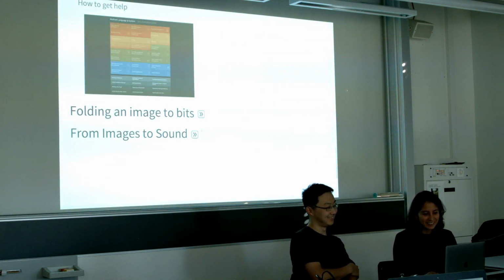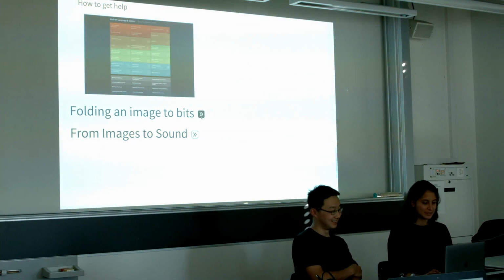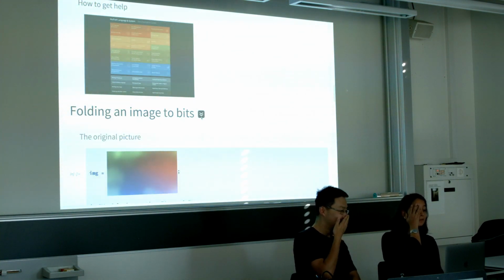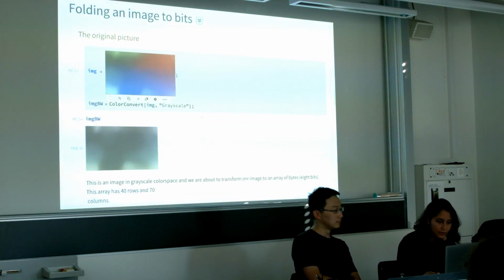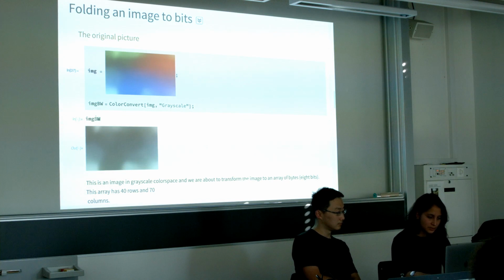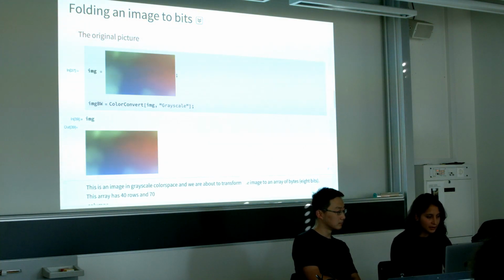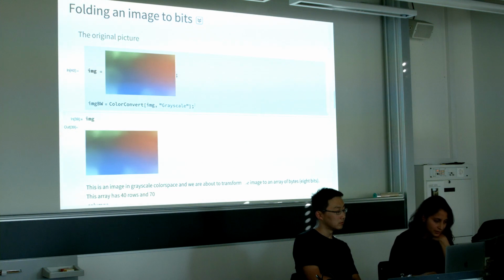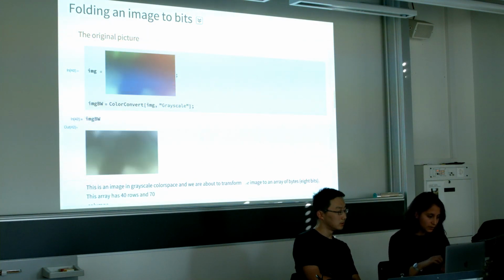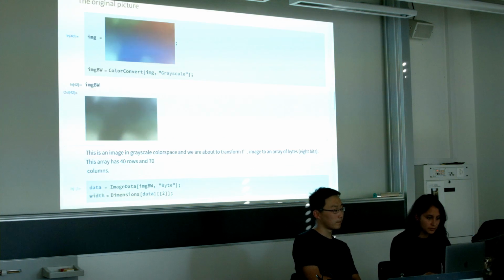Okay, so I think this will actually help to understand it better. So we said that we can actually fold anything to bits. So we have one example. We have this image. So if we do Shift Enter, and if we call here an image, we have the image, and then we create this variable called image BW, which is black and white, and I use the function ColorConvert. Please convert the image into grayscale, and then Shift Enter, and now if I say image BW, I get the image.